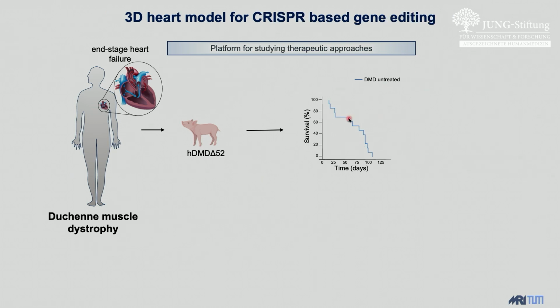Using an AAV vector to reframe the mutation with CRISPR-Cas9 technology, it was indeed possible to reframe the mutation, and we have seen that these pigs, after this treatment, have shown a prolongation of their survival time.